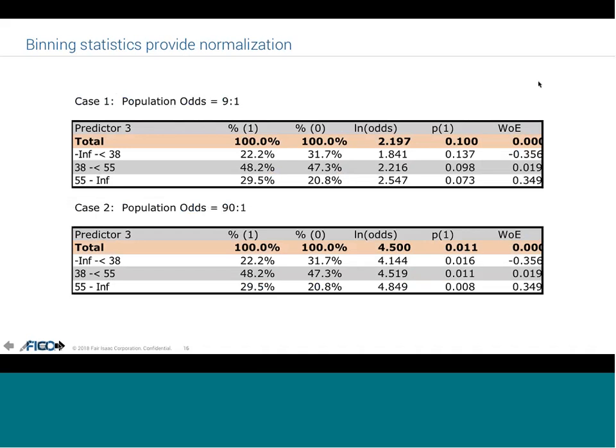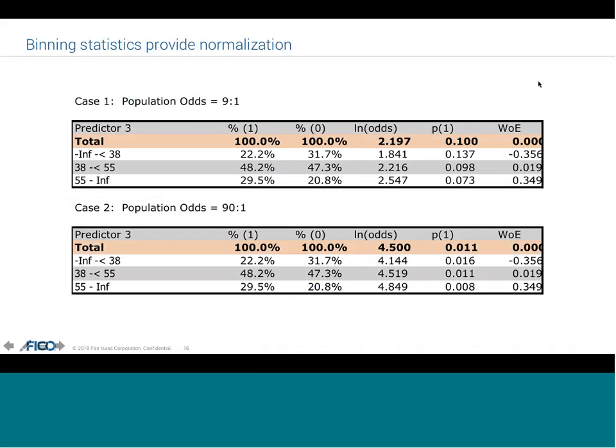The binning approach also provides statistics that provide you with normalization. So those same two stats in talking about a binary target. Let's take two side-by-side cases, identical in every way except for the population odds. Case 1 has population odds 9-1, and case 2 has 10 times that, population odds 90-1.